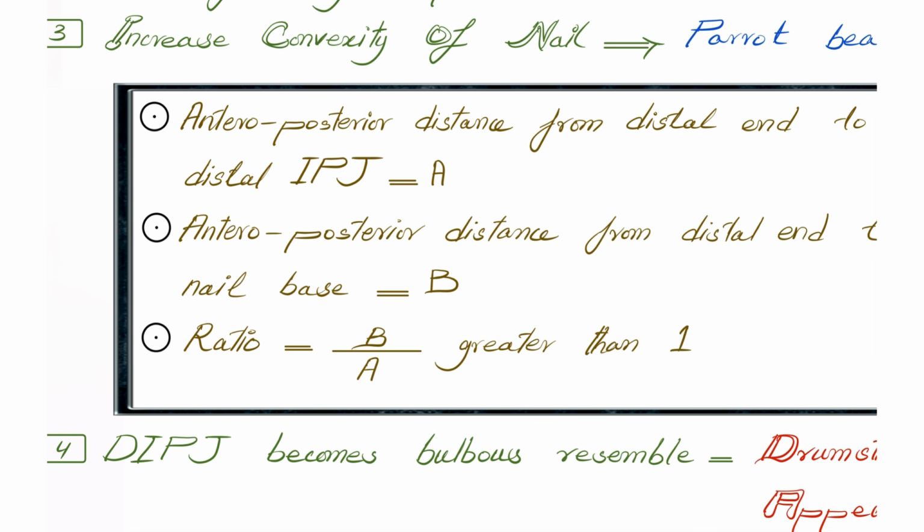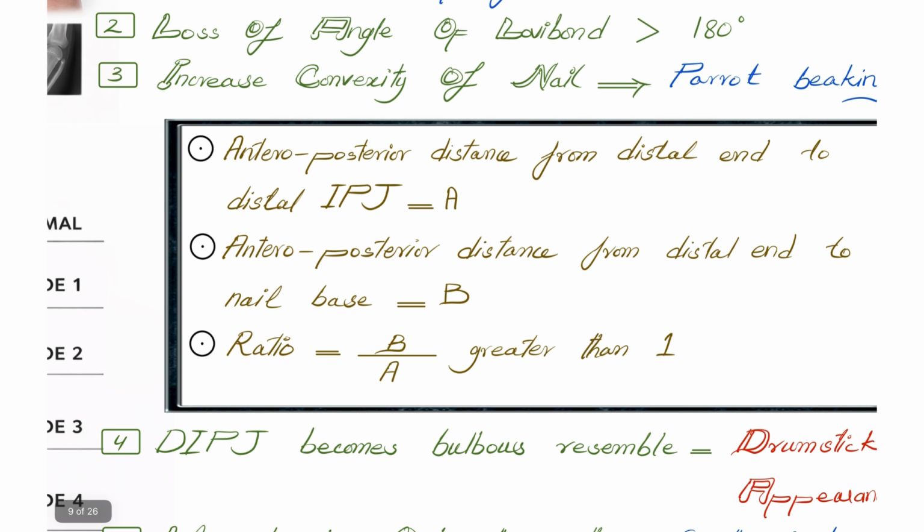B is the anterior-posterior distance from the distal end of the finger to the nail base, and A is the anterior-posterior distance from the distal end of the finger to the distal interphalangeal joint. So if the value is greater than 1, clubbing is present; if less than 1, clubbing is absent.